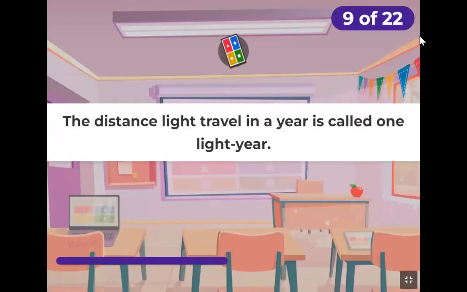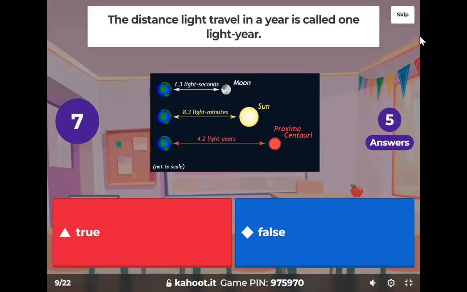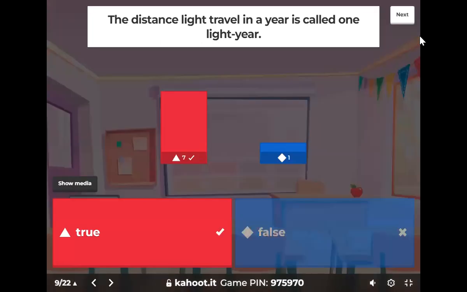The distance light travels in a year is called 1 light year. Yeah, true. So light seconds, light years, those are distances. How far does light travel in that interval of time? Did you guys catch on the graphic there was a star called Proxima Centauri, like proximate, like close, which is the closest star to our solar system, other than the sun, which is in our solar system.